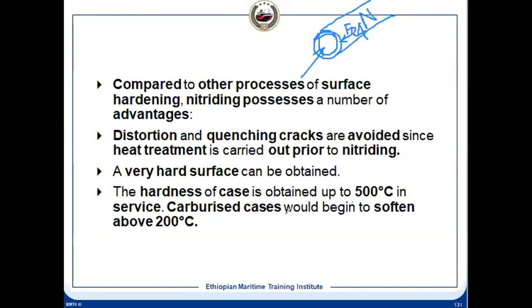But the problem is it will start softening at about 200 degrees centigrade, because the carbide can be lost at higher temperature. Once the carbide changes to another transformation, the hardness will reduce, and that happens at around or above 200 degrees centigrade. That's why nitriding is always better than carburizing where the metal is working at higher temperature.